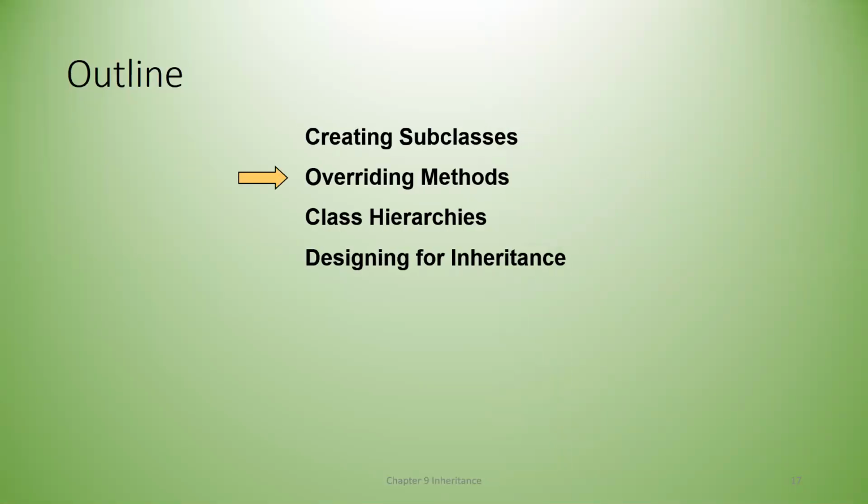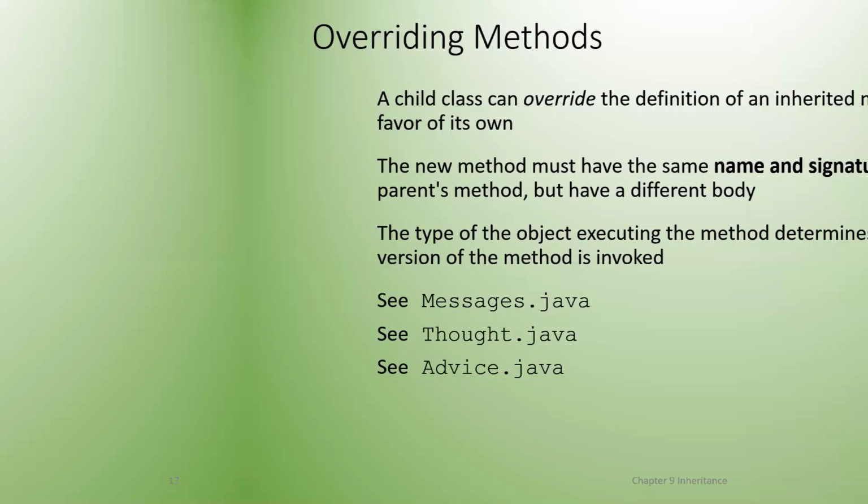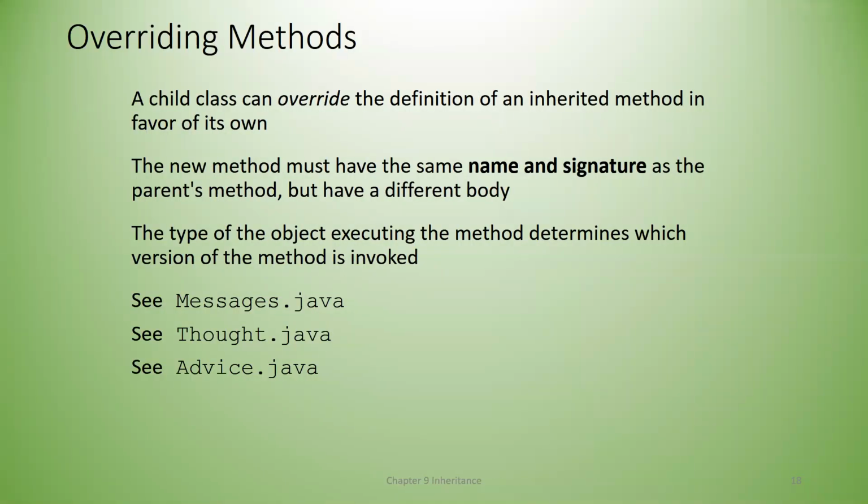Let's talk about overriding methods. A child class can override the definition of an inherited method in favor of its own.